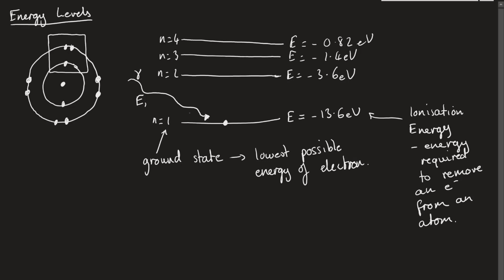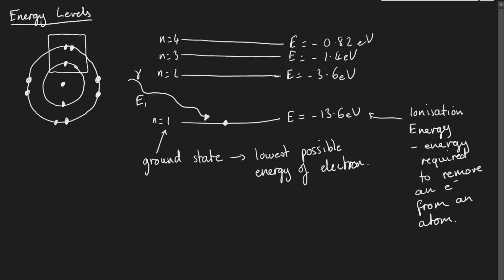Now we're going to have a separate video looking at what photons are exactly, because they're very weird things that we're not fully understanding just yet. But a photon is essentially, you can think about it as just a ball of energy. Okay, so this ball of energy is like a packet. The electron absorbs it, so it gains more energy, and depending on the amount of energy that this photon has, it can then increase in energy level.